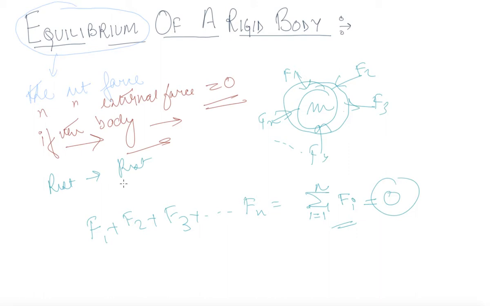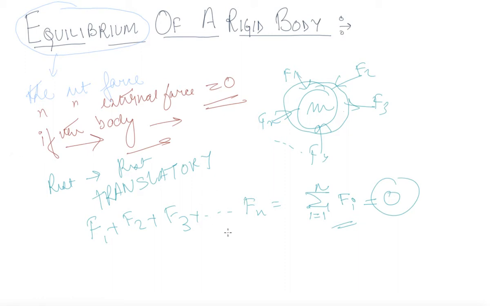So there are two kinds of equilibrium. One is translatory equilibrium, another is rotatory equilibrium. Let's discuss translatory equilibrium.